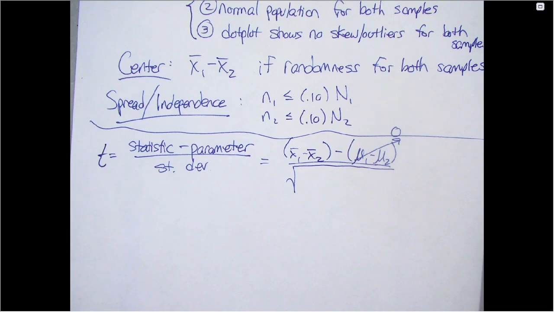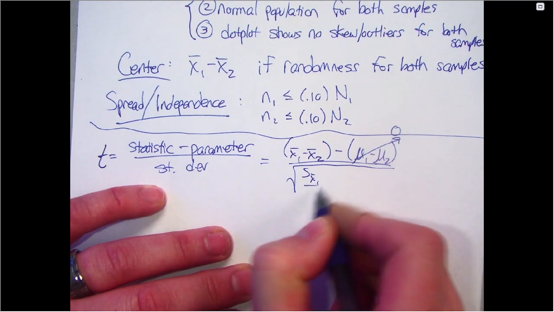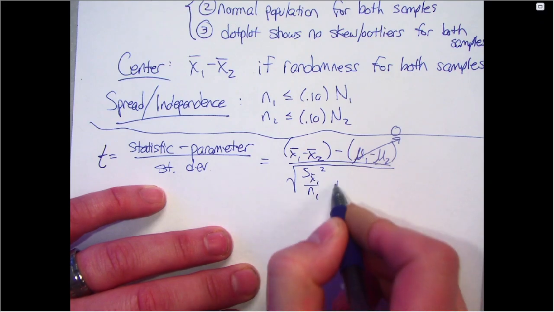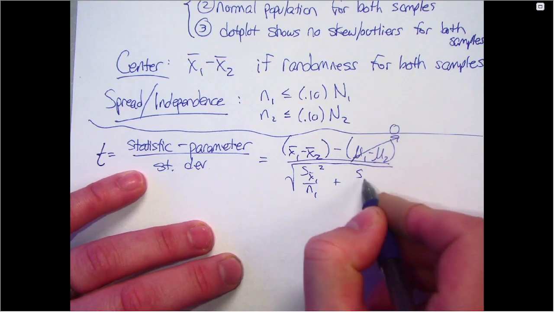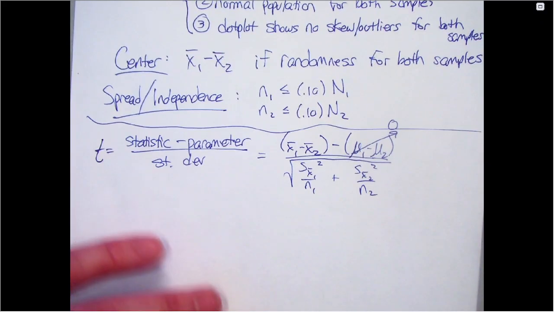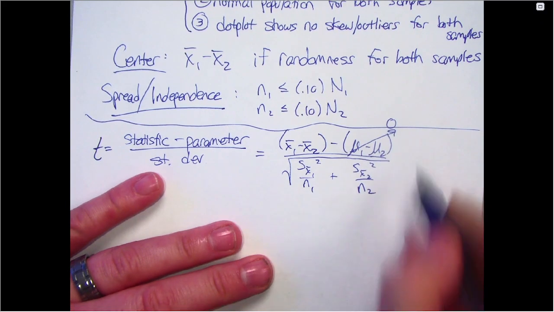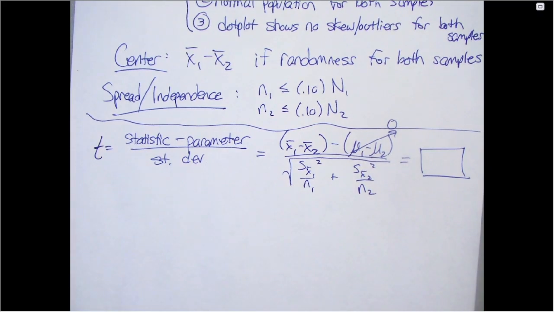And then it's divided by the standard deviation, which is the standard deviation of x bar 1 squared over n1, plus the standard deviation of x bar 2 squared over n2. And then you can go to your calculator and find out what T is.